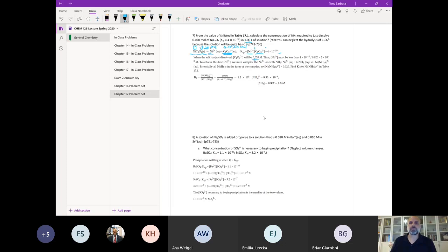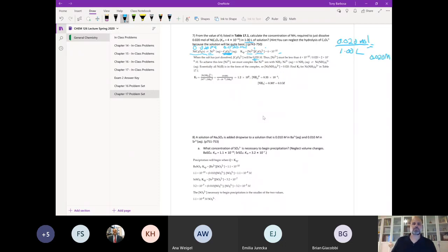Since we have a 1 liter solution, that's the 0.020 moles divided by the 1.00 liters, which gives us the 0.020 molar solution.